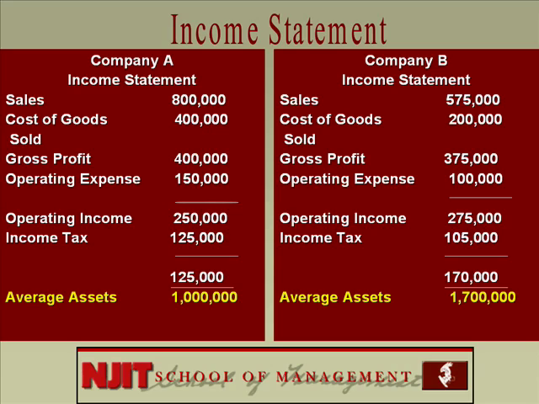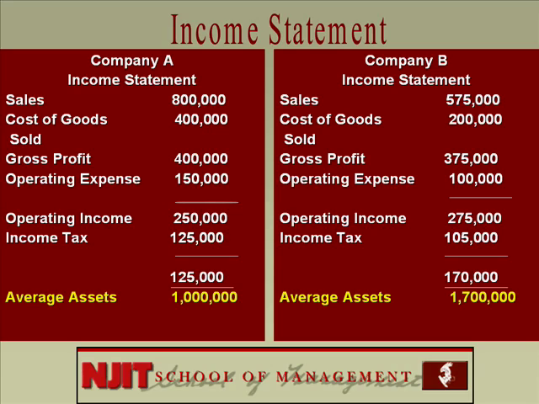What was your conclusion? You can see that company B is larger and has more profit. Company A is smaller and has lower profit. Did you go with company B? Do you feel company B is doing better?